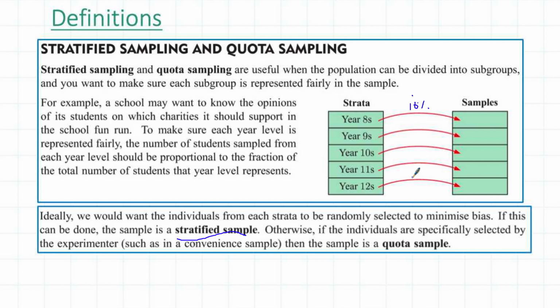So we'll see an example right now. So if you've divided them into stratas, and then each sample from each strata is being selected based on a proportion, then that is called a quota sampling. So if you're specifically selecting them.